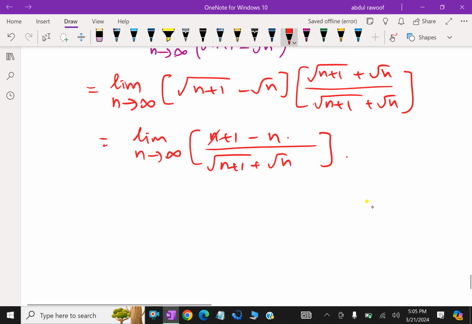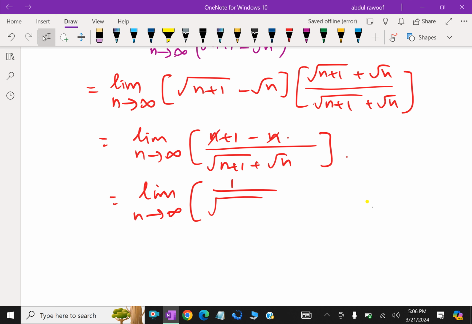Here n and n cancel, which is equal to the limit as n tends to infinity of 1 over square root of (n plus 1) plus square root of n.